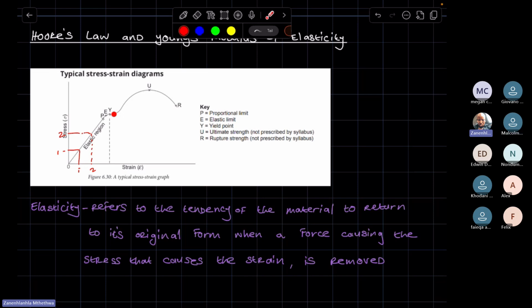Once it has passed the yield point, it cannot go back to its original shape. Exactly. So that is to say, even if beyond this point you remove the stress that the material is being subjected to, it no longer goes back to its original form. It remains completely deformed.